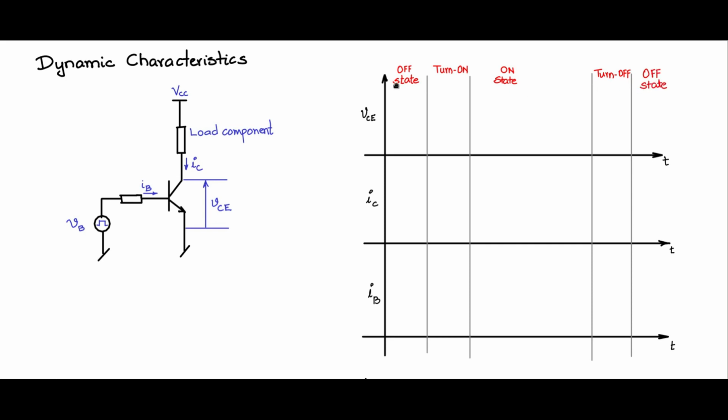So this will be one complete cycle where you start with the off state and end up with the off state, and in between you have the turn on and turn off periods. So let us understand how the BJT behaves in all these time periods. We go at it slowly, and try to understand.